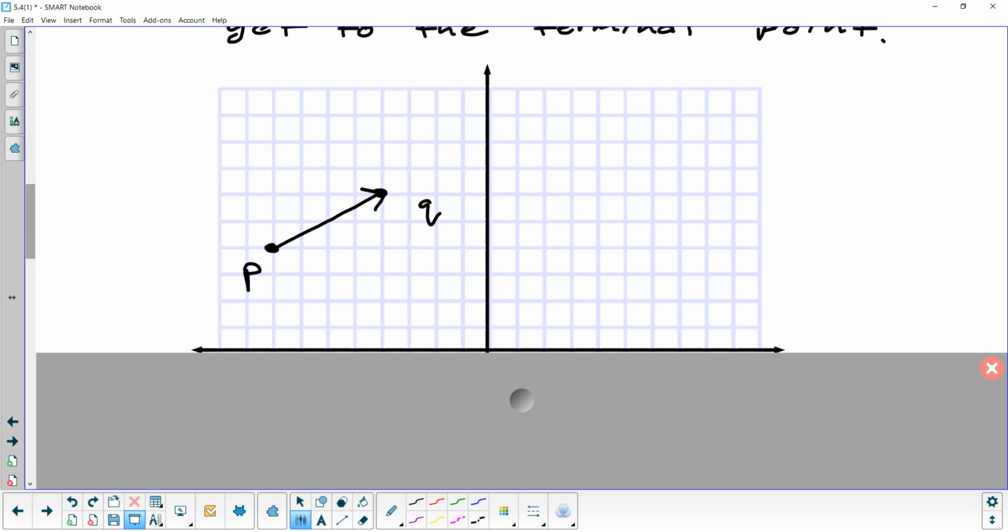That's it. And if we wanted to find out the length of that, we can do things that we've done in the past, like make it into a triangle. We know this side is 4, and this side is 2. What theorem do you think you could use to find the length of that vector? Slope? The slope would tell you the steepness, but it wouldn't tell you how long it is.